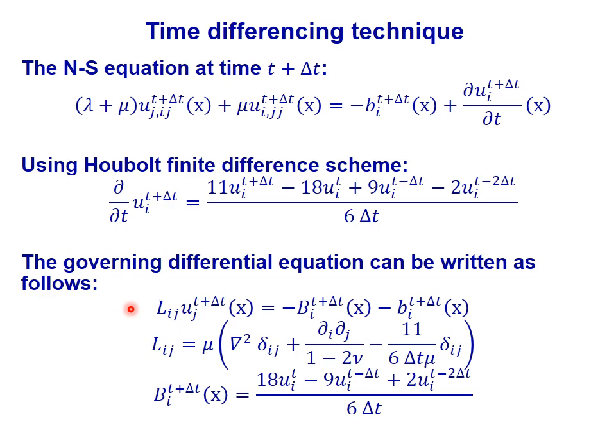The difference here is that the differential operator is new, so we need to obtain a new fundamental solution. We cannot use the same fundamental solution. And the domain term is not only the convective term as previously, but the convective term plus the known part of the inertia term. So the same procedure used for the steady state, we can use here for this case.